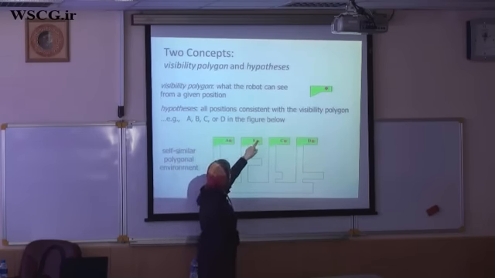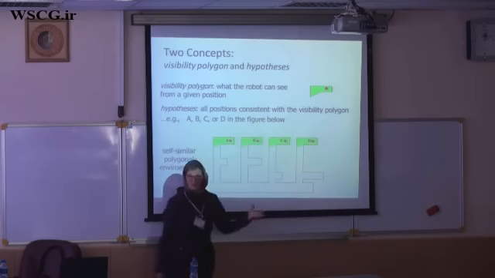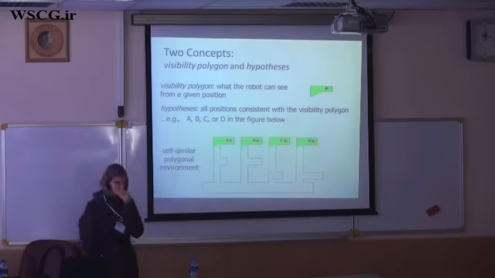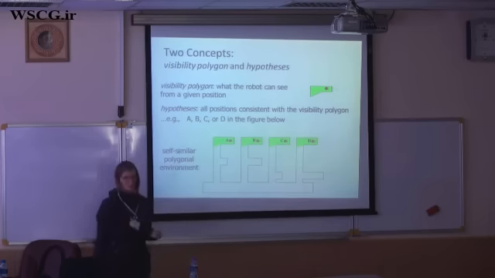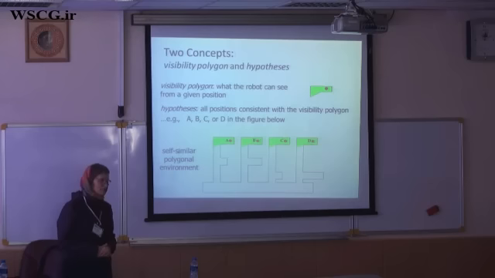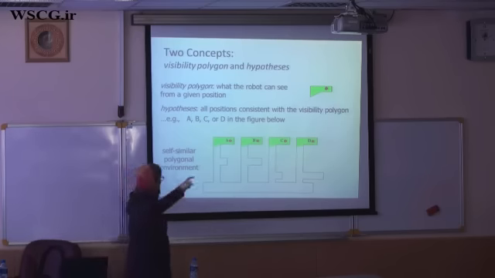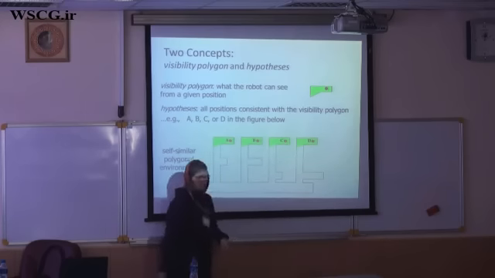And if the robot were here, it would get the same visibility polygon in C and D. So in this situation, if our robot wakes up and gets that visibility polygon, we have 4 initial hypotheses about where the robot could be. So that's what we mean by visibility polygon, and that's what we mean by hypotheses. The hypotheses are A, B, C, D, might be here, here, here, here.